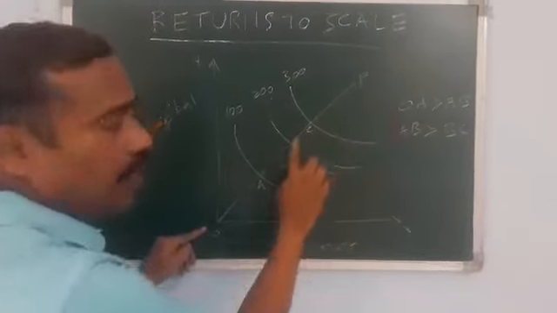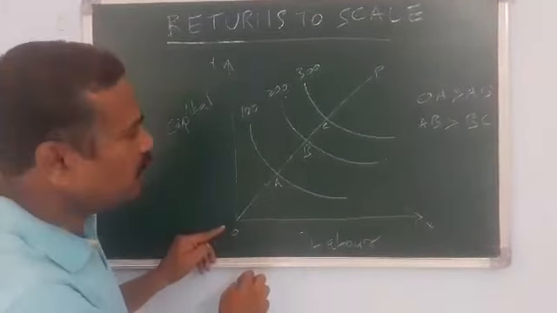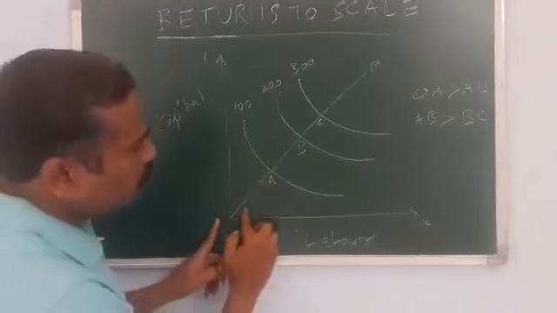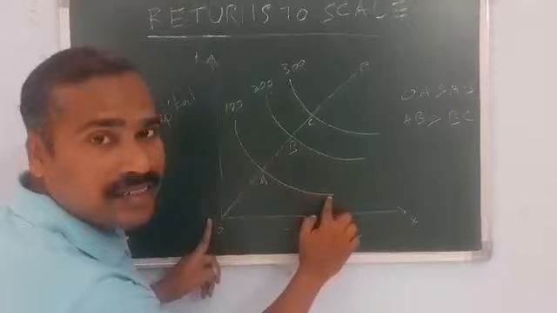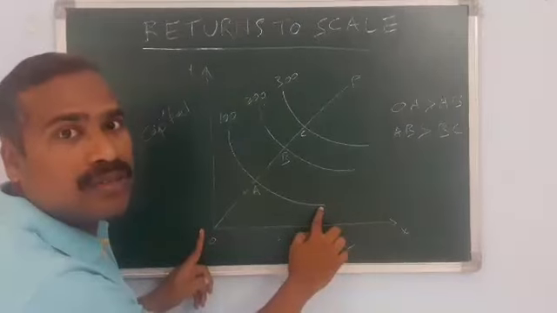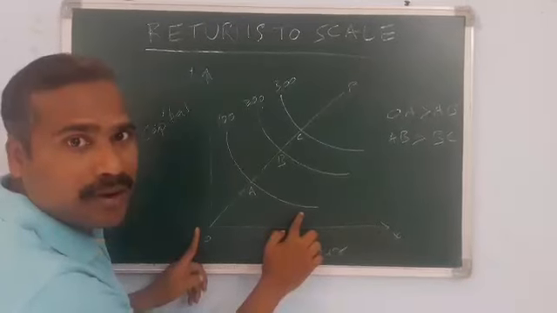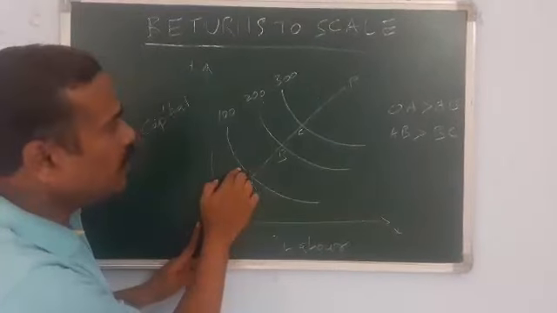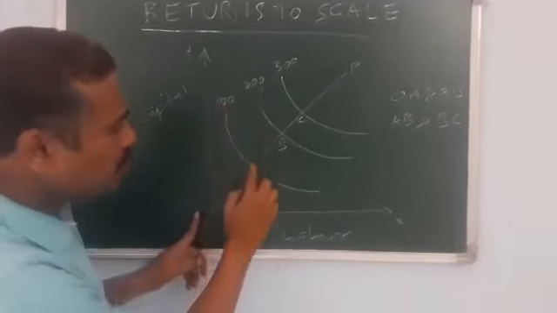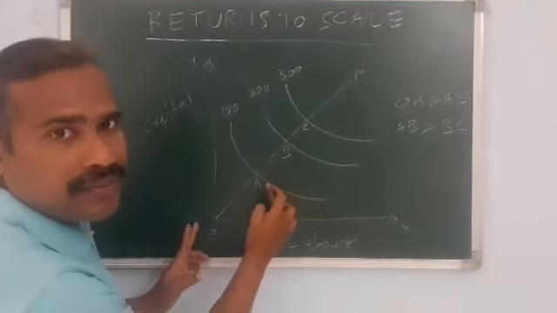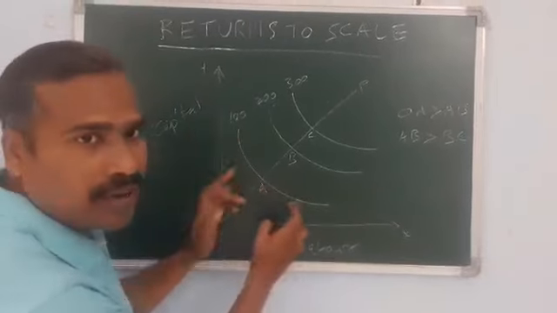This diagram is showing how the production will increase, up to OA. And what is this? This is an isoquant curve. That means this is a production line. It is indicating 100 units of the production. If we are using OA level of inputs, we are getting 100 units of the production.